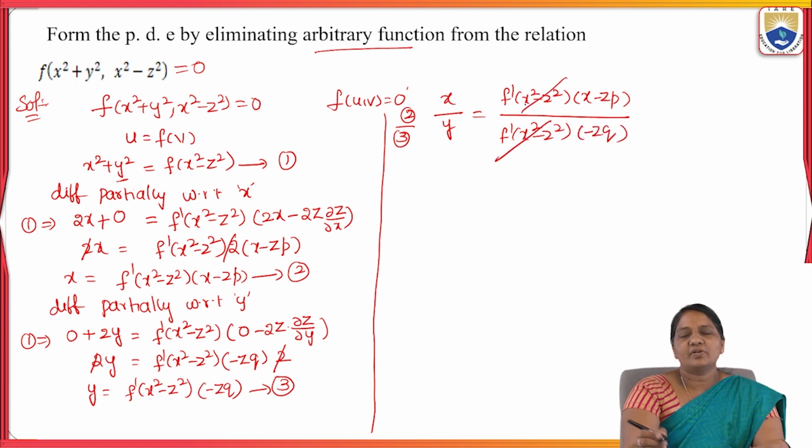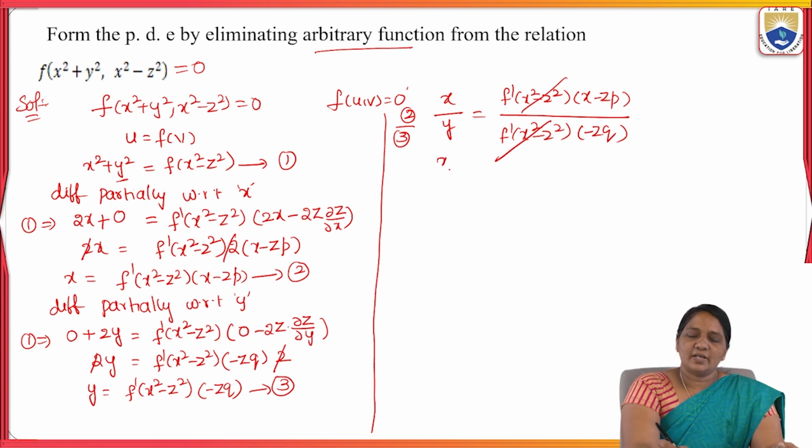So f dash will be cancelled. So finally x by y is, and that means here the function is eliminated. Now x by y equal to (x minus zp) by (minus zq).